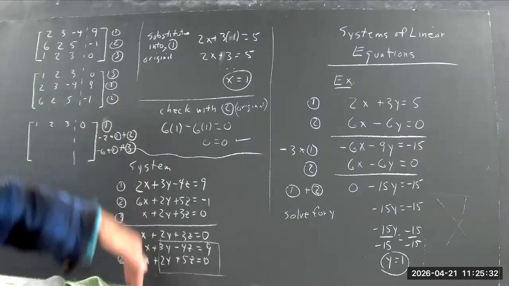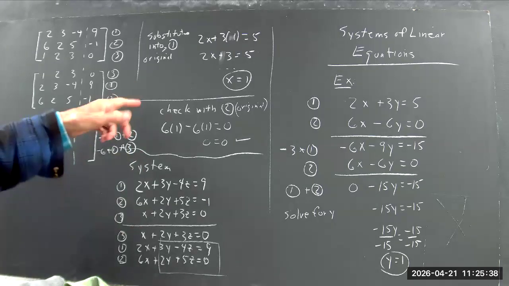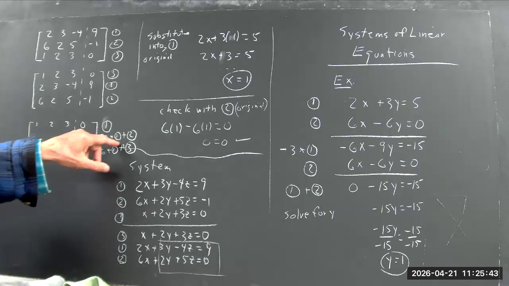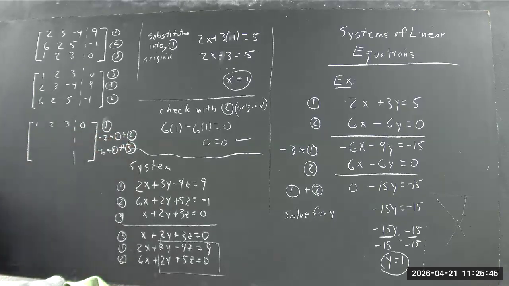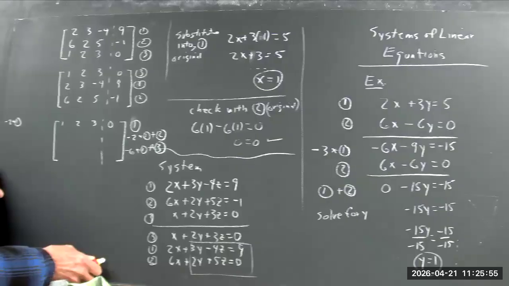I don't want to interrupt the flow of my solution. So I do my side calculations off to the side, similar to what I'm going to do here for -2 times row 1 plus row 2, probably off the screen.